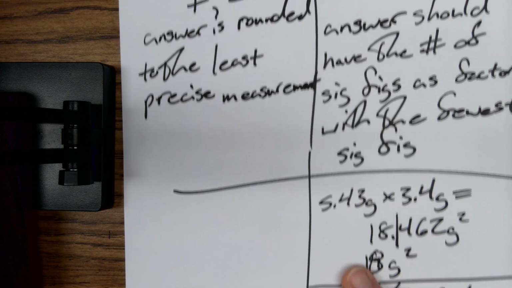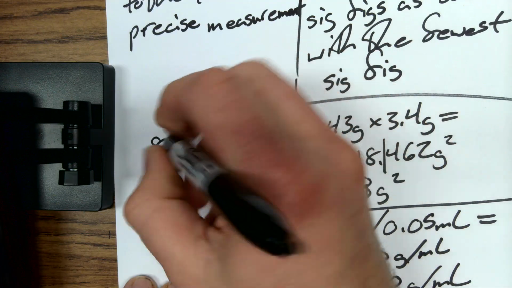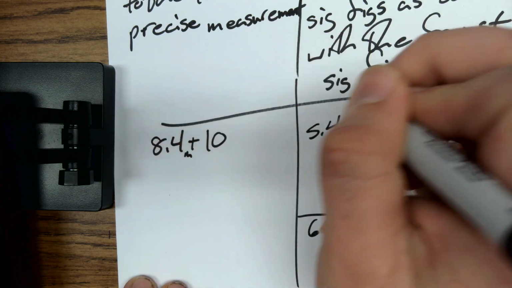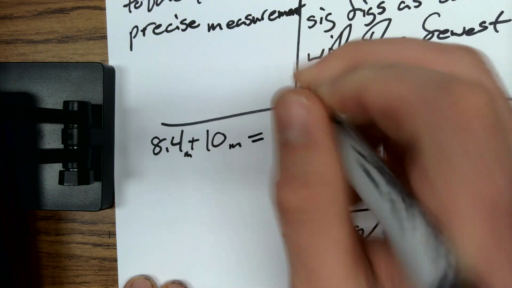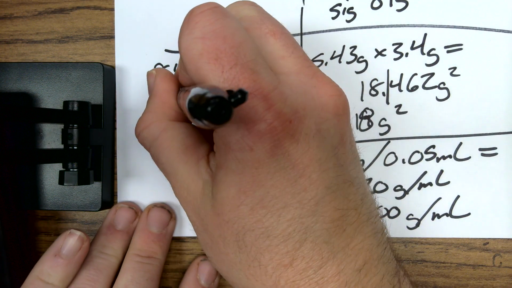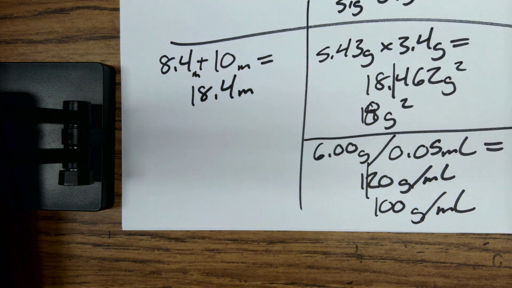Let's do one. 8.4 meters plus 10 meters. Someone punch that into the calculator for me. Tell me what you get. 18.4 meters.